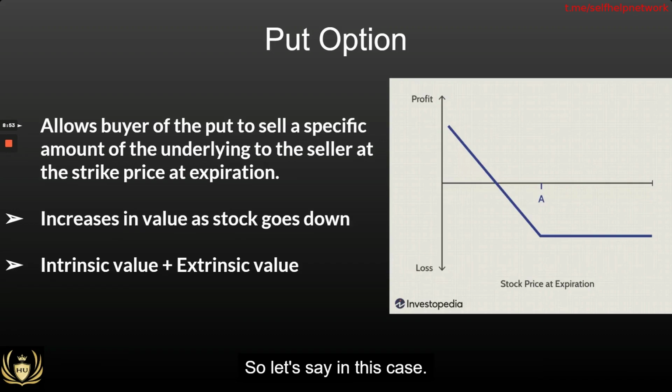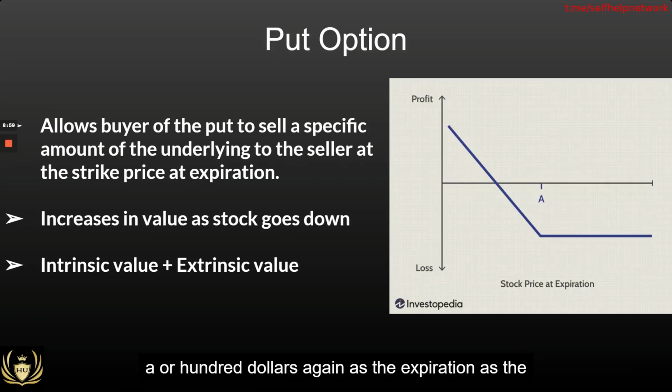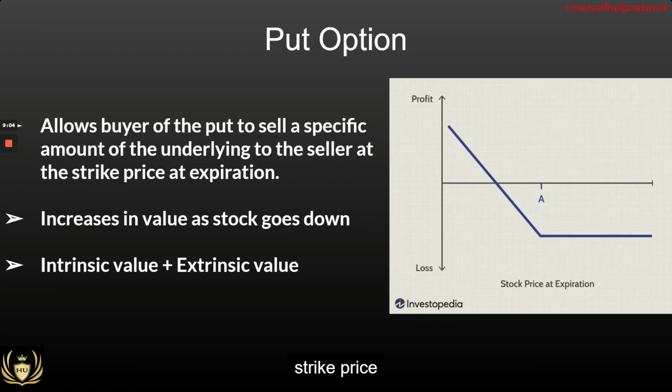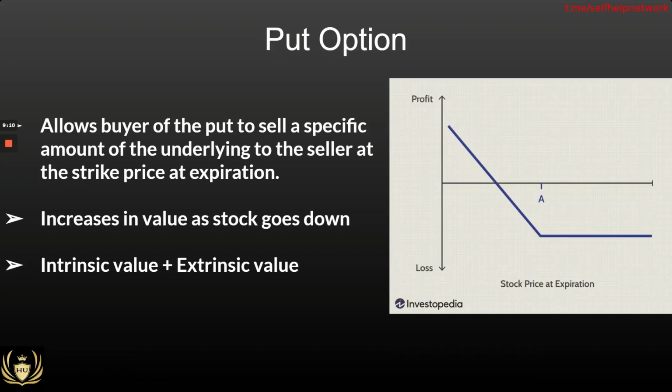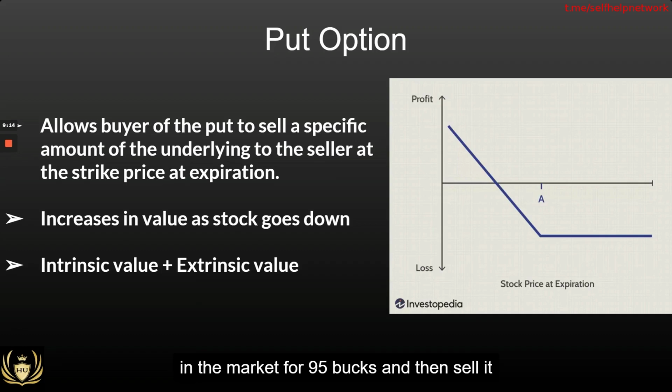Why? Let's say in this case we have $100 again as the strike price, and Apple is right now selling in the market for 95, below 100. So the buyer of the put would buy it in the market for $95 and then sell it to the seller at $100 because that's the strike price, making a $5 profit in the middle.